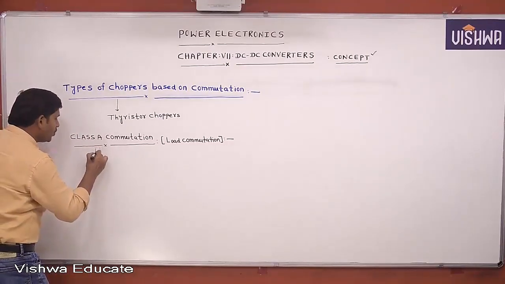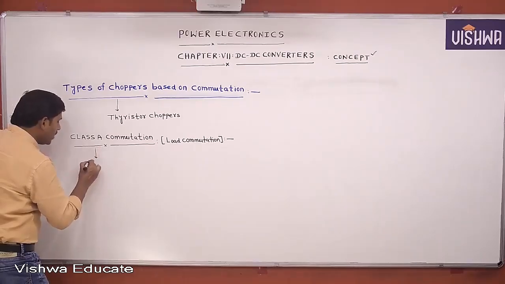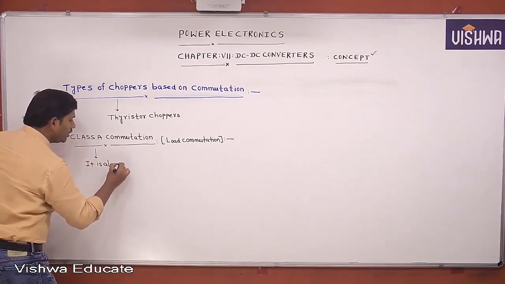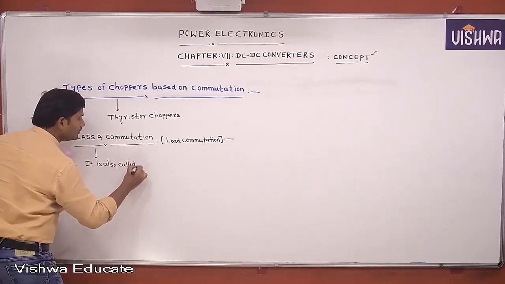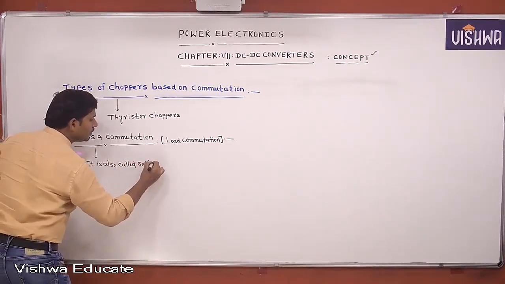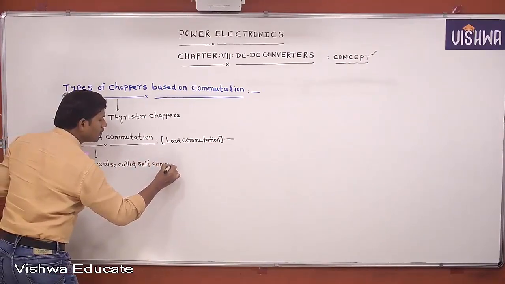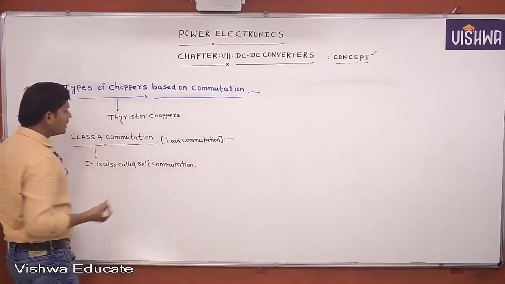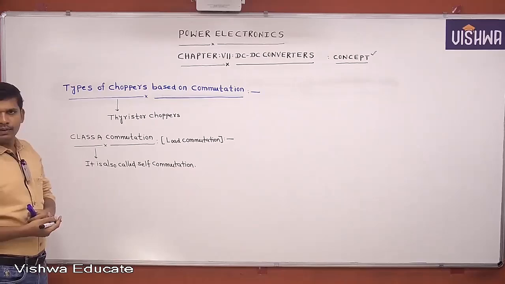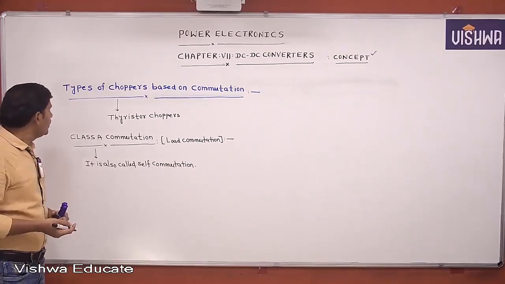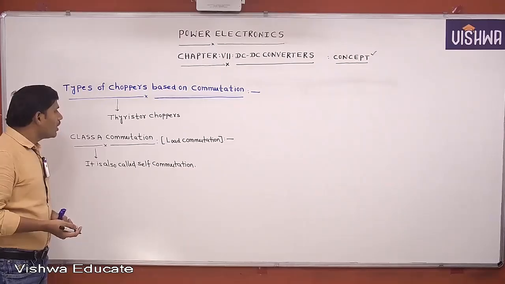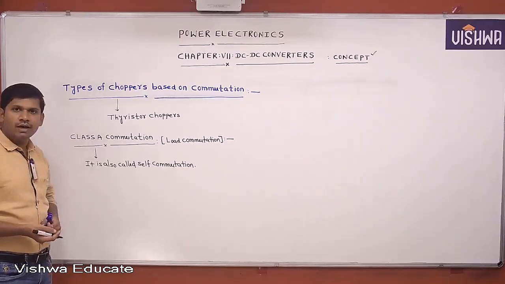This class A commutation is also called self commutation. Load commutation is also called self commutation.